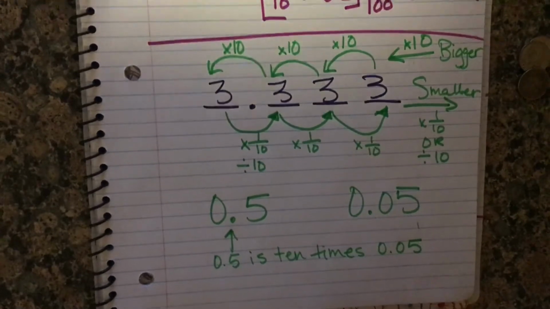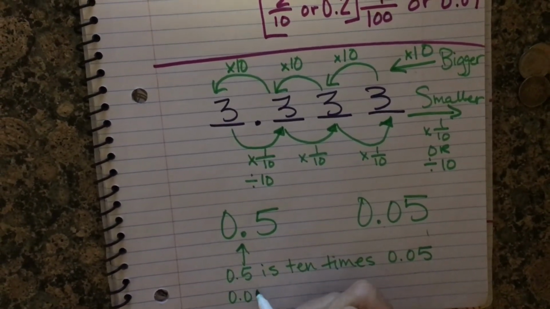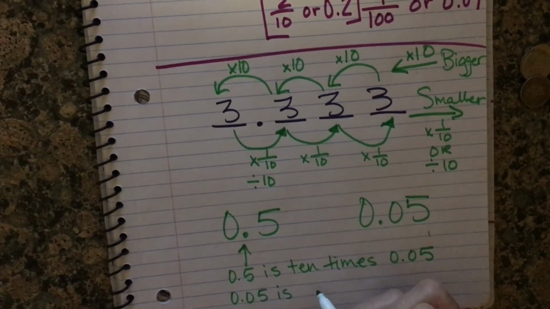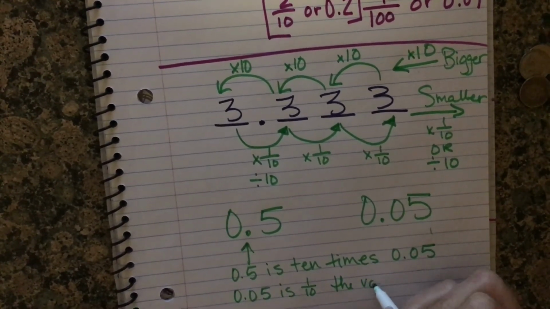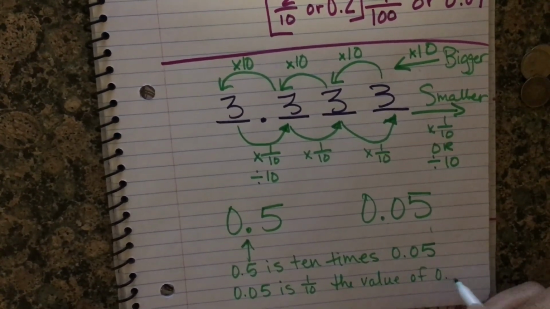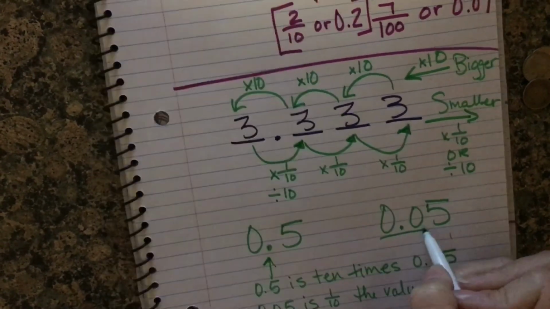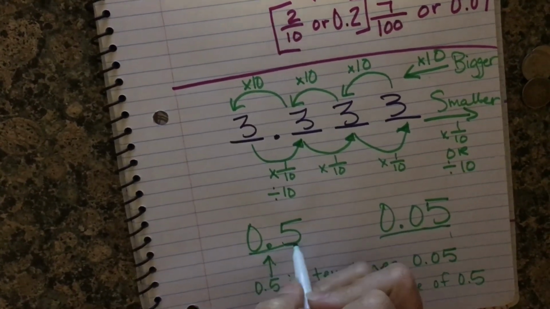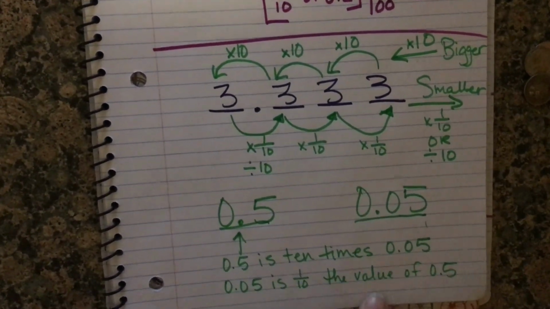I could also say 5/100 is 1/10 the value of 5/10. You can go either way, but you need to know this one is smaller than this one and how to write the statements correctly.